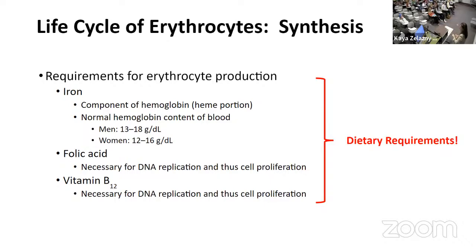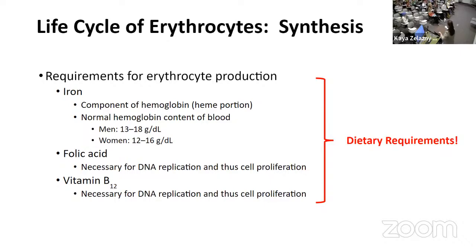So you need iron in the blood in order to make effective hemoglobin and therefore to produce good erythrocytes. So the normal hemoglobin content of blood is somewhere around, let's say, 15 grams per deciliter. That's me eyeballing. What's a good number? Kind of as an average in there. But there's a specific range you would expect, somewhere in those ranges.